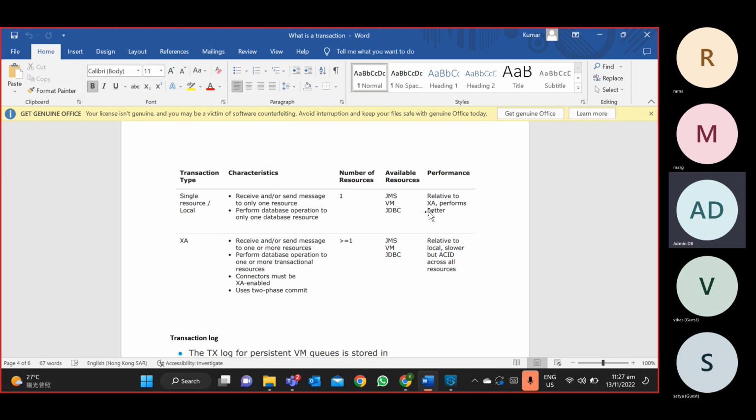No need to monitor or manage anything. In case of non-XA, once you complete that particular transaction, that's done. You don't need to do any further operation on top of that.